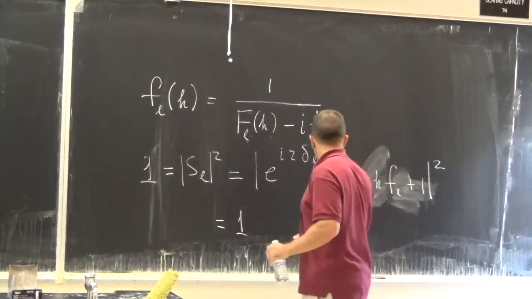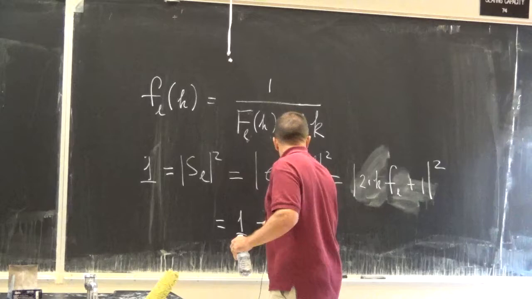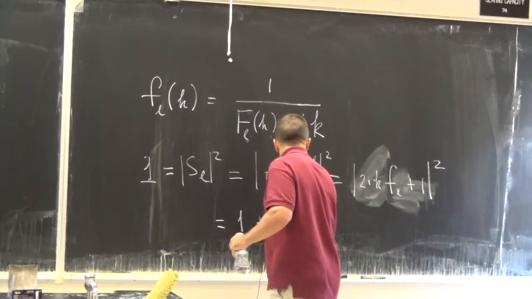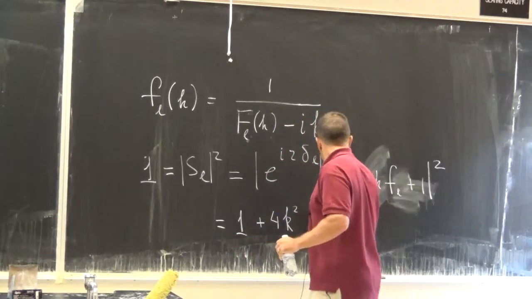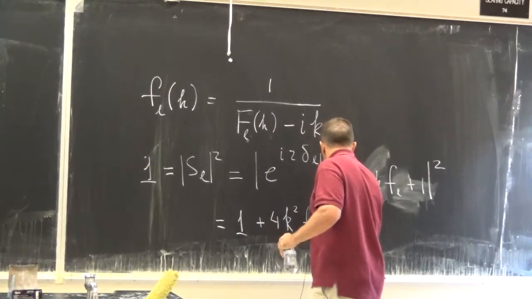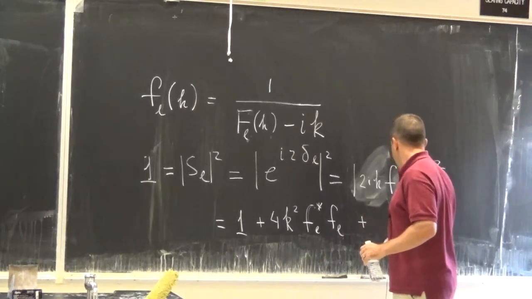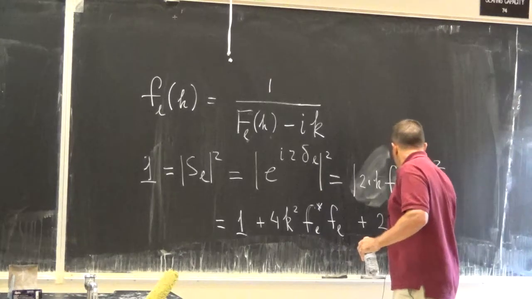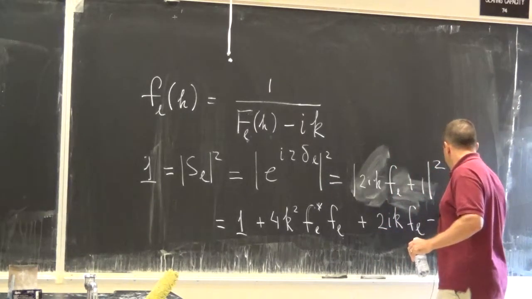Then I get plus 4K squared FL star FL. And the cross term is 2ik FL minus FL star.